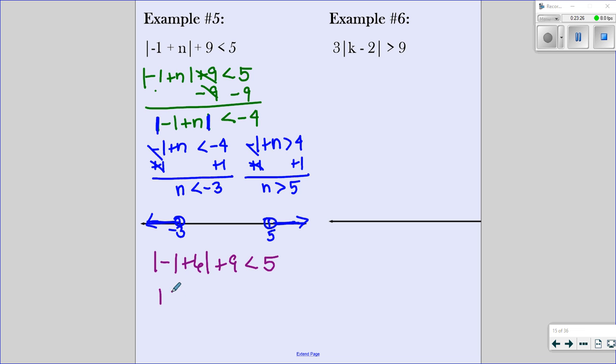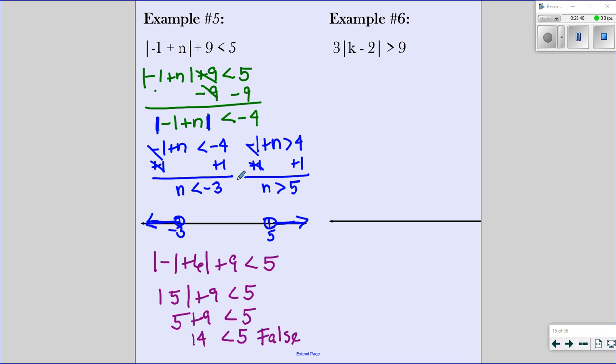So this one will be 5 plus 9. So look what happened. It says that 14 is less than 5. Is that true? No, this is false.